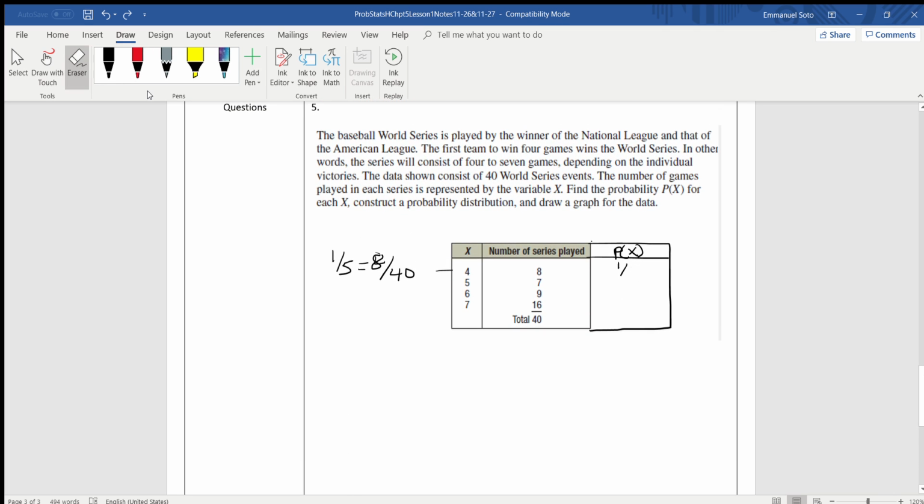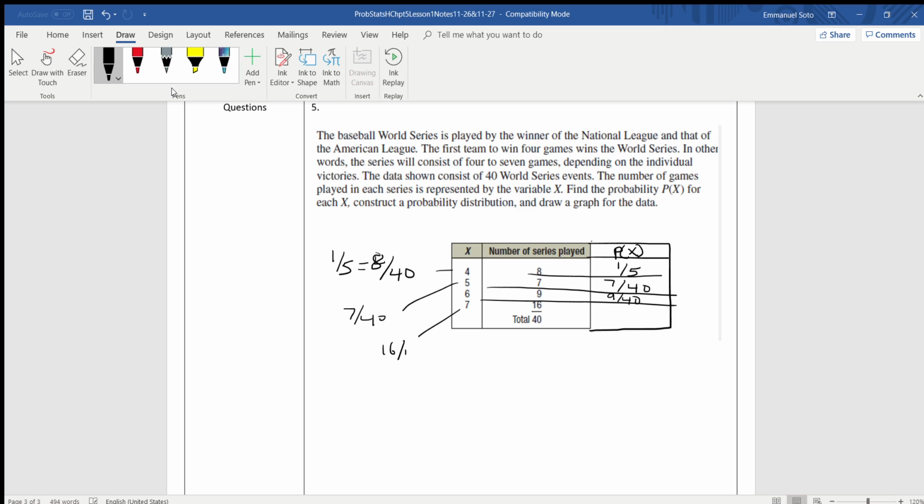Let me erase that. Alright, 1/5. And then for this guy, it's going to be 7 out of 40. So we'll put that in here. This guy's going to be 9 out of 40. And then the last guy is going to be 16 out of 40.